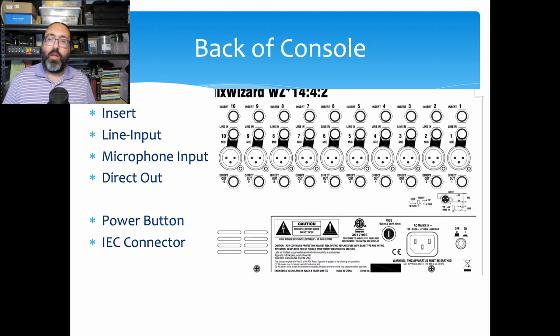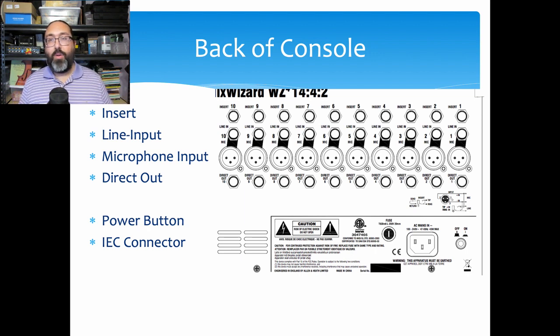Something else to note: if you look between the IEC cable and that direct out jack, there are two little diagrams that might be too small on this video, but if you open up the packet that I sent out for you guys, you can see it clearly. It will tell you what the balanced line level settings are. Because if you go to Europe, it used to be different. It is no longer different.